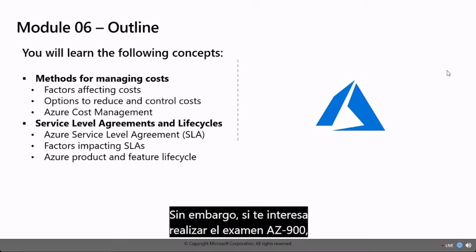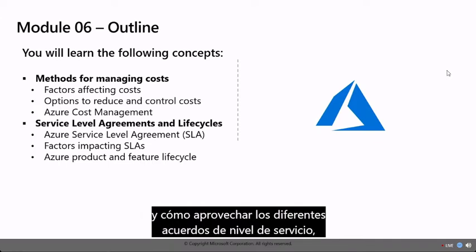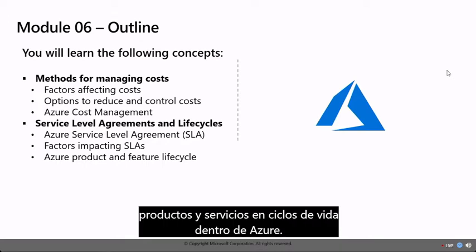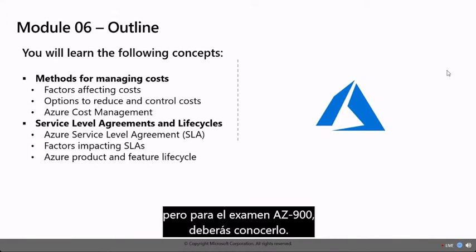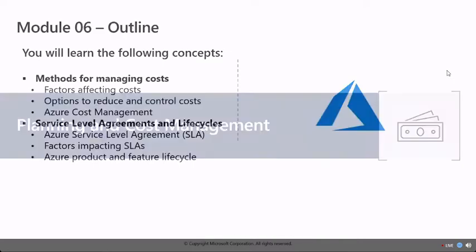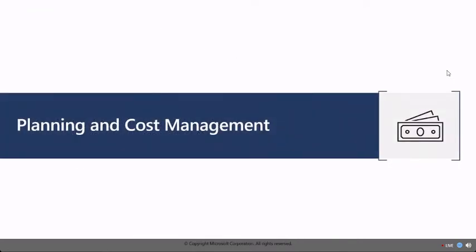However, if you are interested in taking the AZ-900 exam, you will need to understand how you can manage costs, the different factors that impact costs, as well as leveraging different service level agreements in products and service lifecycles within Azure. So this may not apply to your regular job, but for the AZ-900 exam, you will need to know these. Let's take a look at first how you can plan and manage your costs.